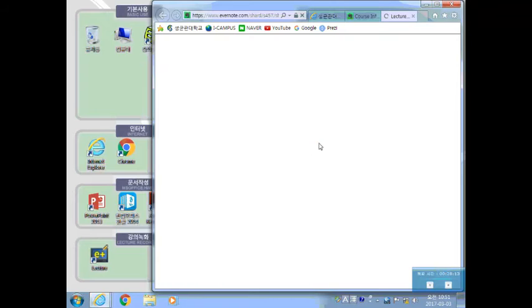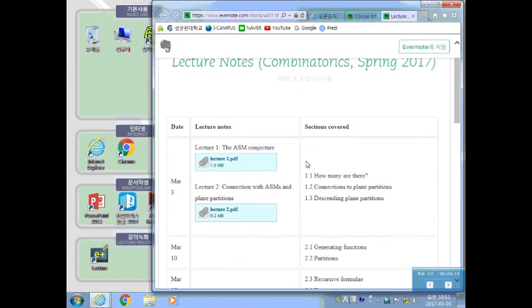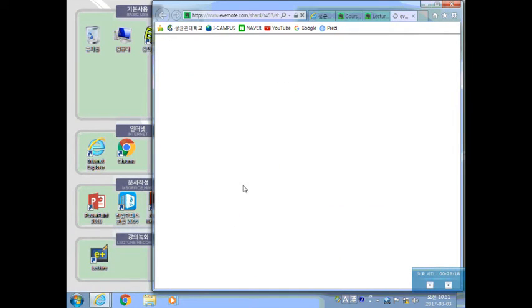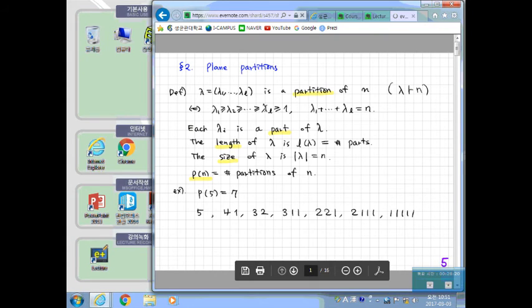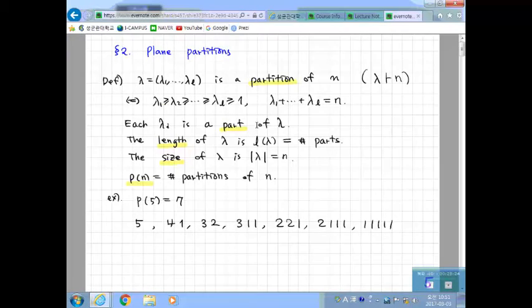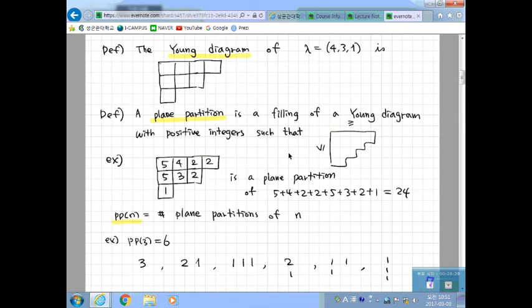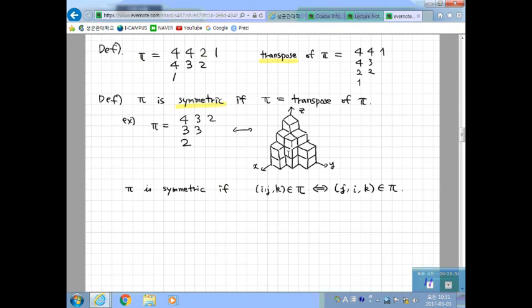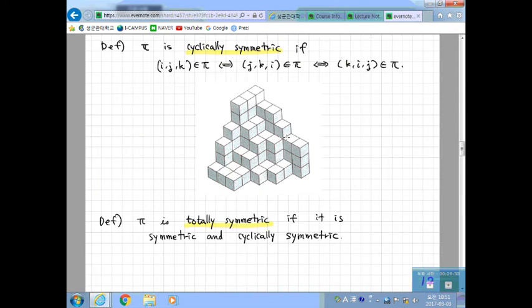Lecture notes. By the way, this is a slide that I used in a summer school last year, so I'm not going to cover everything in this slide. Oh yeah, here. So, cyclic.